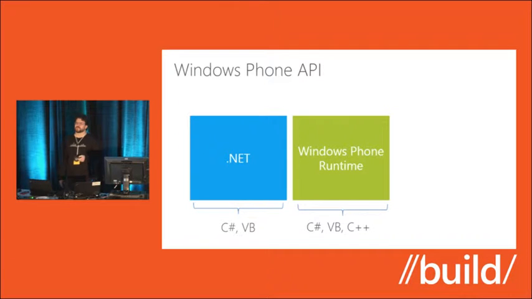But along with that comes the Windows Phone Runtime. Now what that is a set of Windows Runtime API, a lot of which is shared with Windows 8, and we've added some more for features that are specific to the phone, such as speech and voice over IP. And because it's Windows Runtime API, you'll be able to code against these using C#, VB, and C++.